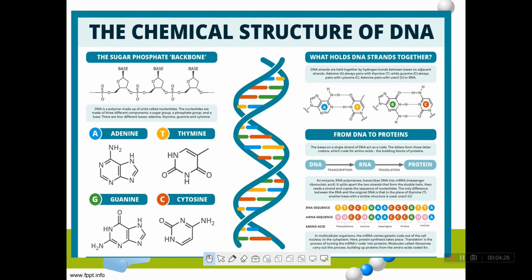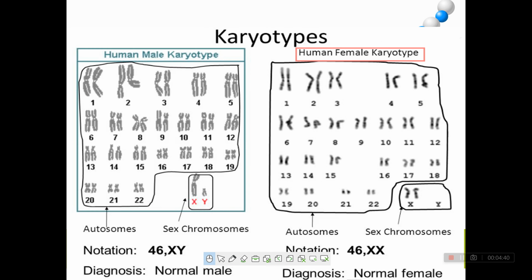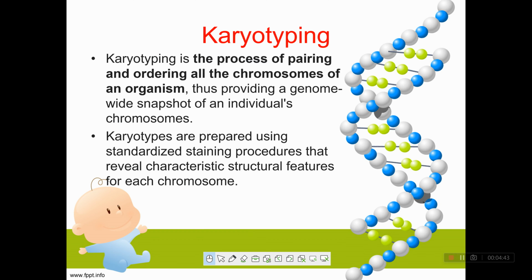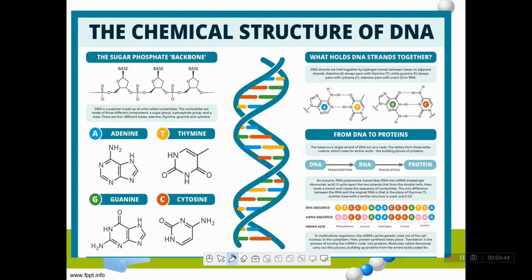So here is the chemical structure of DNA. This is the sugar phosphate backbone. This is a ribose sugar, with positions 1', 2', 3', 4', and this is 5'.